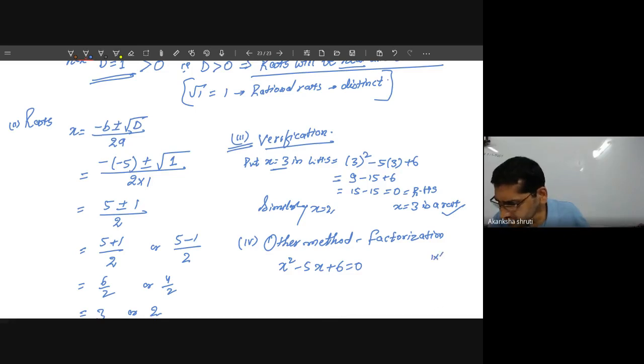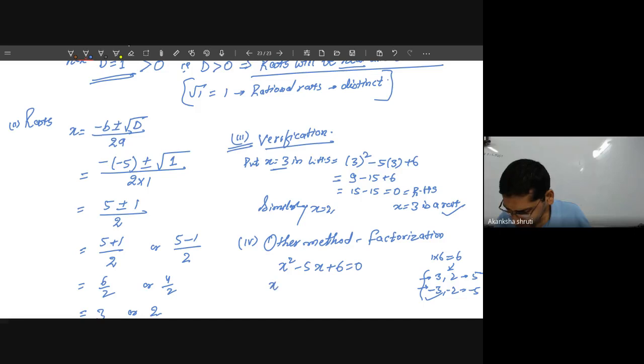So 1 into 6 is 6. We have to take the factors. If we take 3 and 2, addition of these two is going to give us 5. But if we take minus 3 and minus 2, this can give us minus 5. Means adding these two, you will get minus 5, but adding the others, you will get 5. So this is okay.